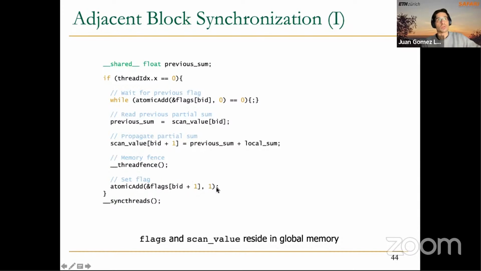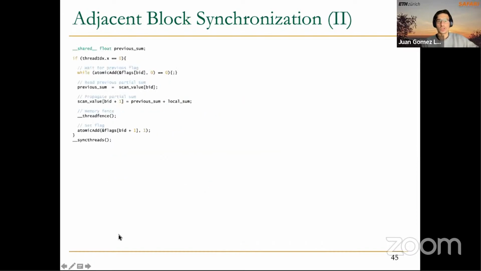So as you see, thread 0 waits for some time until one thread from the previous block sets a flag. In that case, the scan value result is ready. We can update it and propagate. We use the thread fence to make sure that this scan value is already in memory, and then we set the flag and continue the execution.